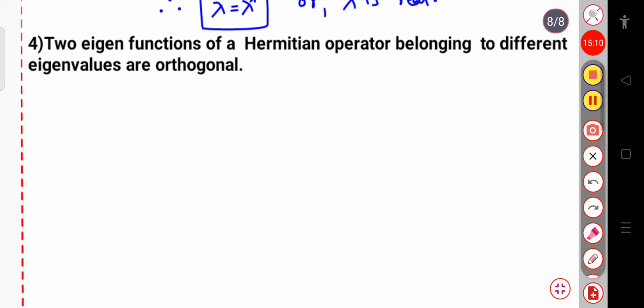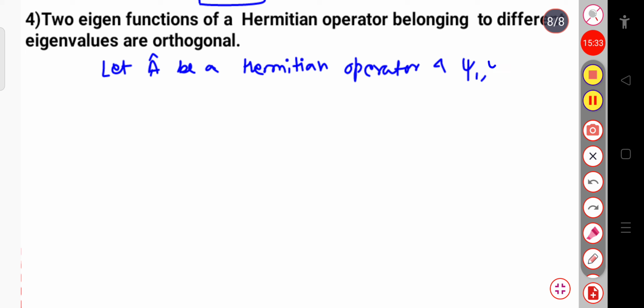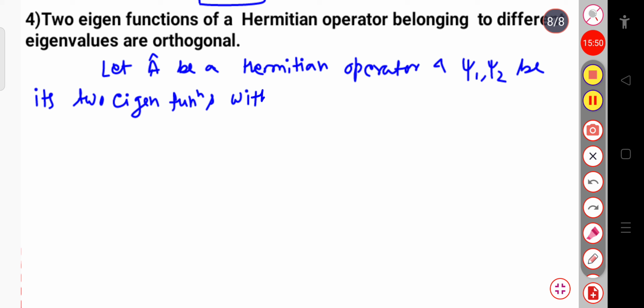So let A cap be a Hermitian operator and psi 1 and psi 2 be its two eigenfunctions, that is, eigenfunctions of A with the eigenvalues lambda 1 and lambda 2, which are different.